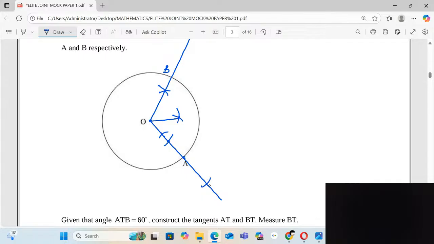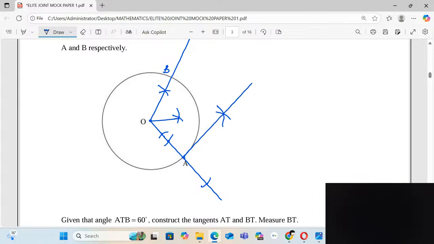Then standing on those arcs, make an arc up there and another one here, so that you join where the two arcs meet. So you join and extend that point.